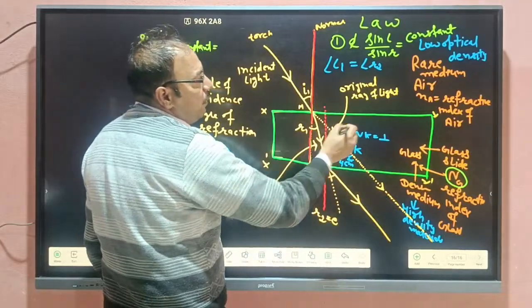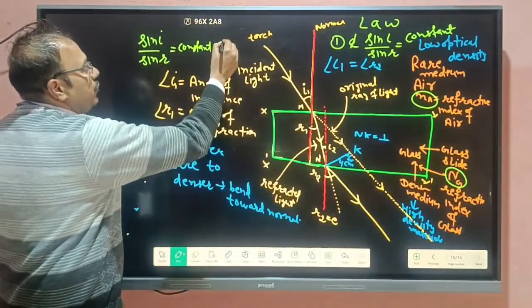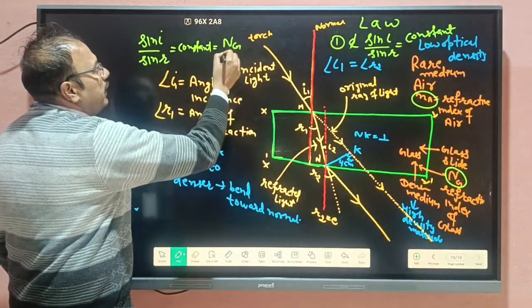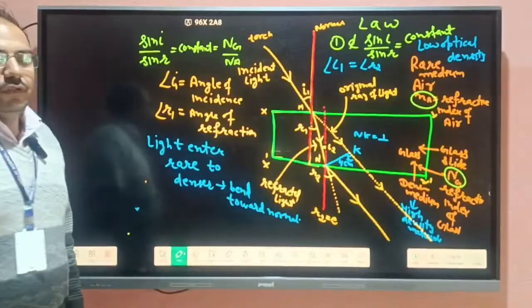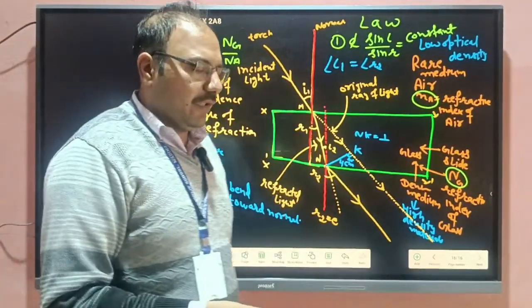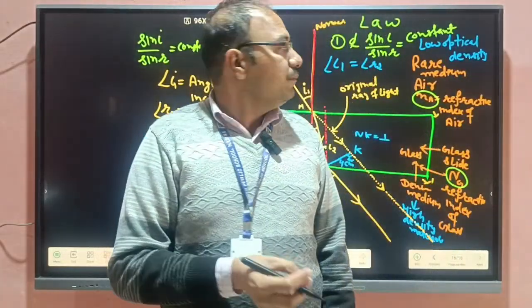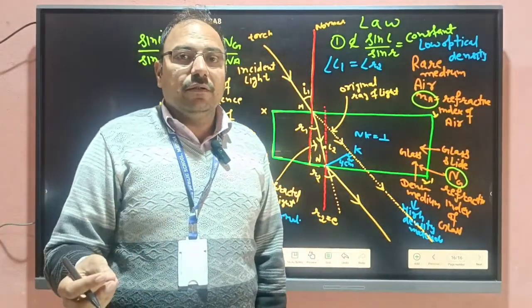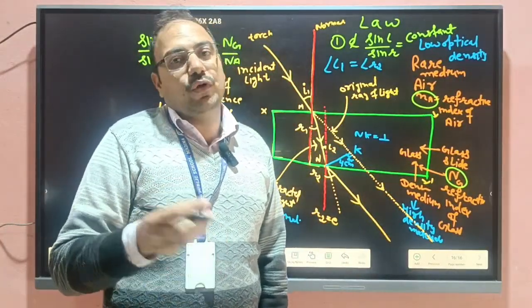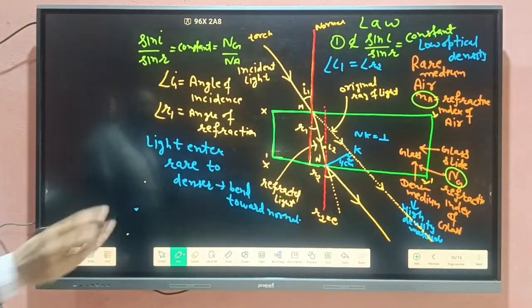And the refractive index of this medium, air, is Na. So we can write this is equal to Ng by Na. Refractive index is a characteristic of a medium, and we can write that refractive index is the ratio of the velocity of light in vacuum to the velocity of light in the medium. Okay, so this is the first law.